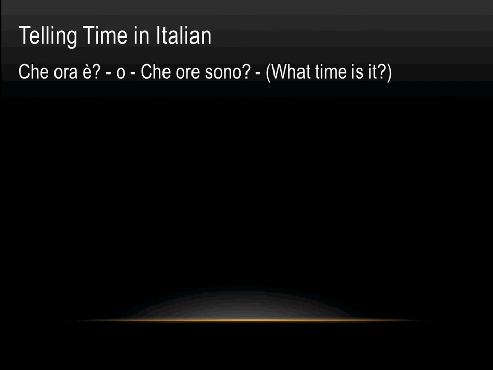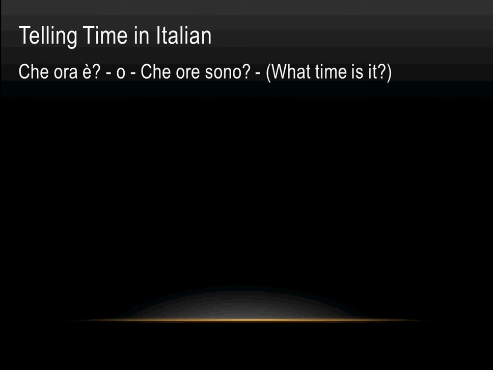Che ora è? O che ore sono? Both of these mean, what time is it? The first one you'll notice, che, the word for what, ora, hour, è, third person singular of essere. So you're saying, what hour is it?